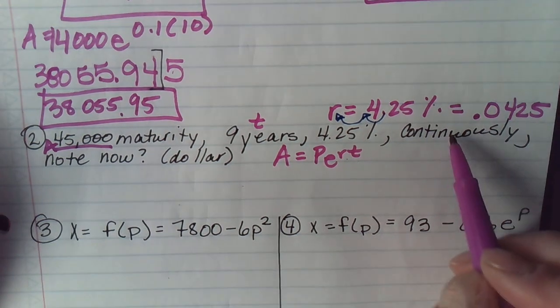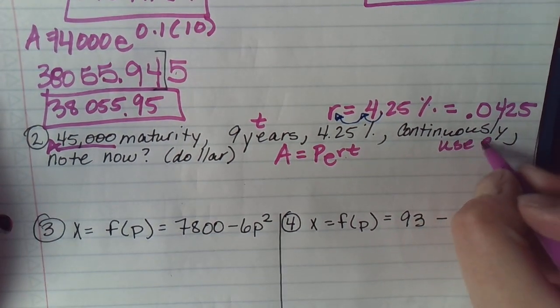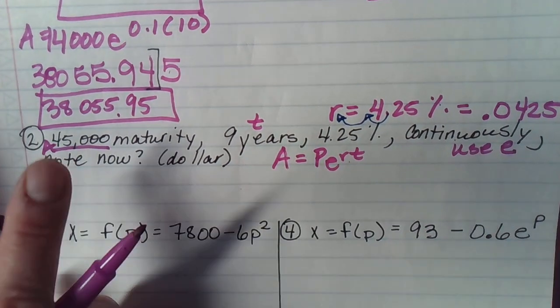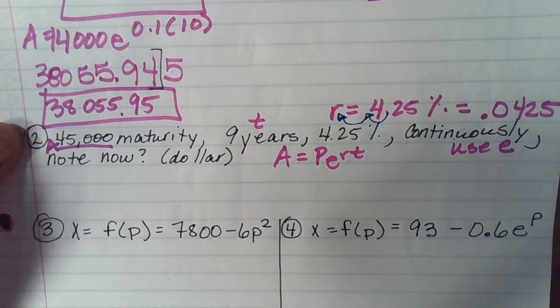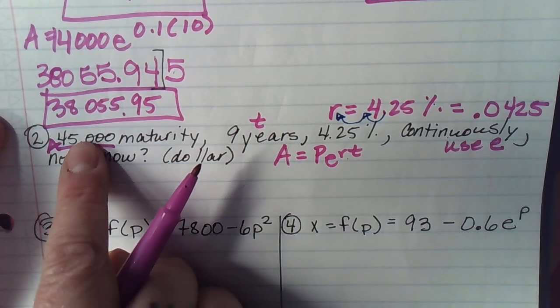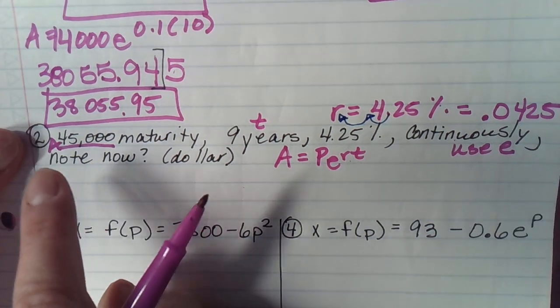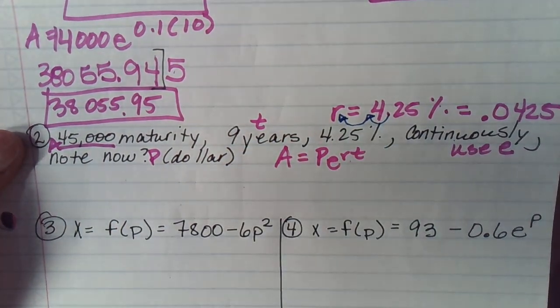Okay, then continuously means we use an E in our formula, which is already there, and then it says, what's the note now? So how much money would you put into the account now to make $45,000 9 years from now? Okay, the note now, that means the letter P.